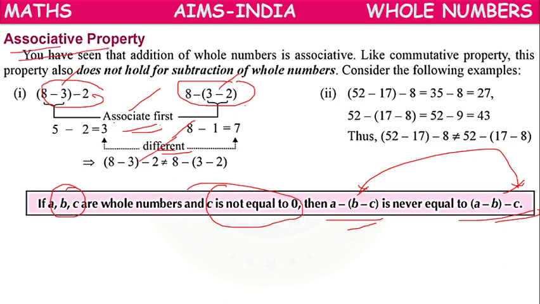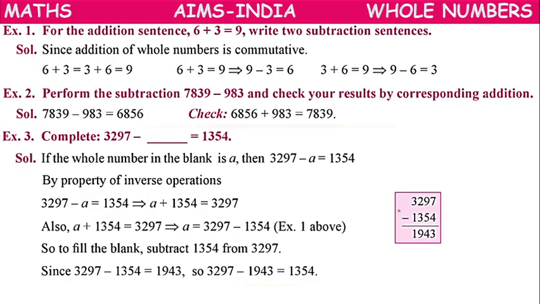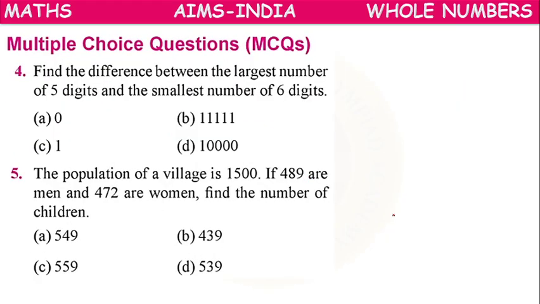So associative property is not applicable for subtraction. Property of 0: if you subtract 0 from any whole number, you get the same whole number. Inverse operations: addition and subtraction are inverse to each other. Addition can be written as subtraction, and subtraction can be written as addition. So these are the example questions and this is the exercise part.